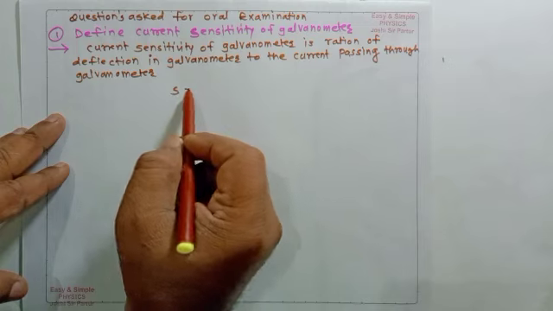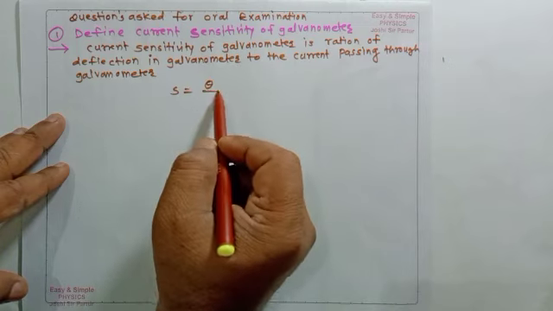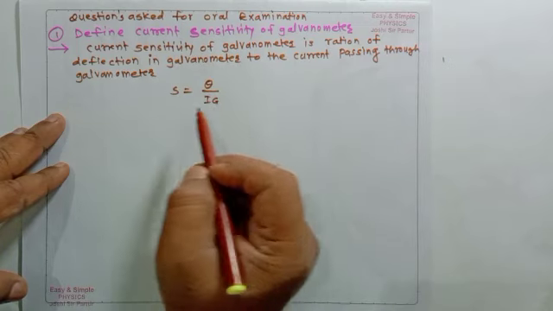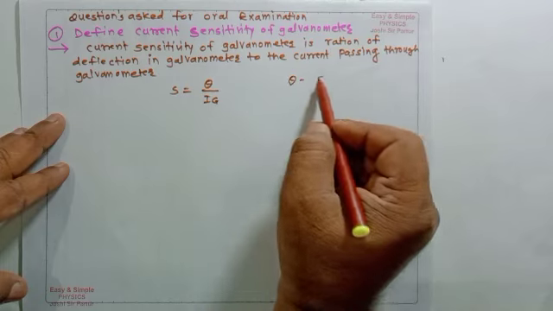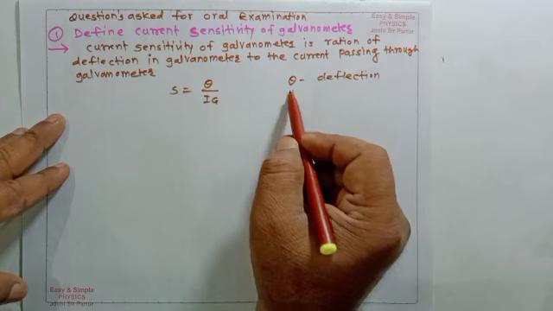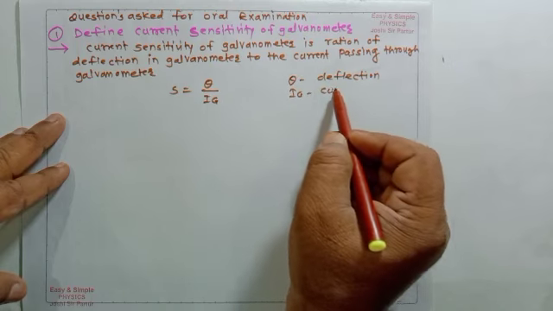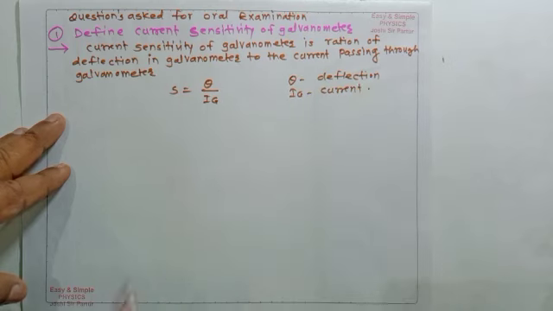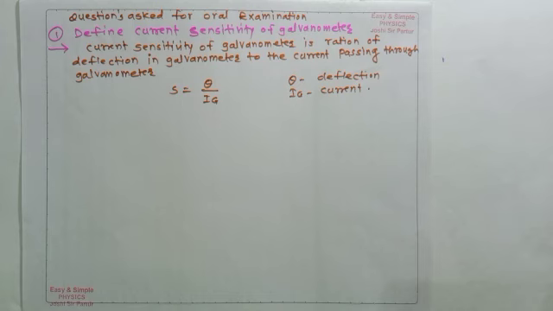That is, S is equal to theta upon Ig, where theta is deflection and Ig is current passing through galvanometer. This is the answer for the question, define current sensitivity of galvanometer.